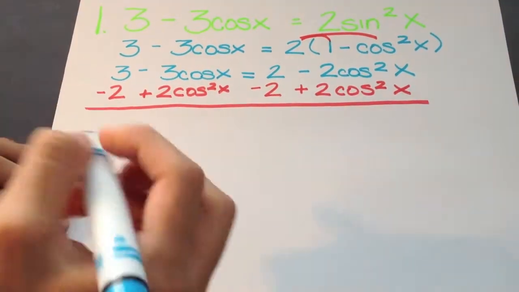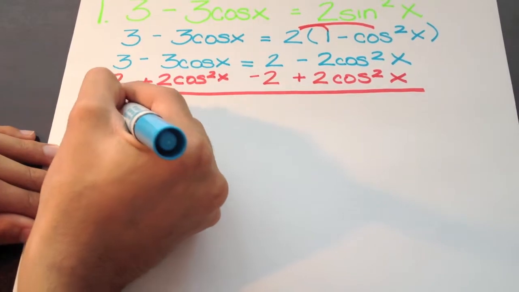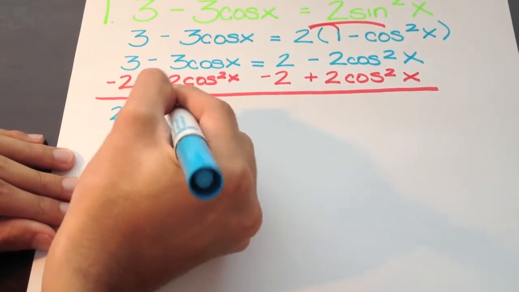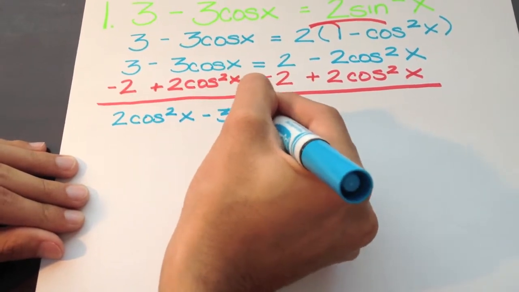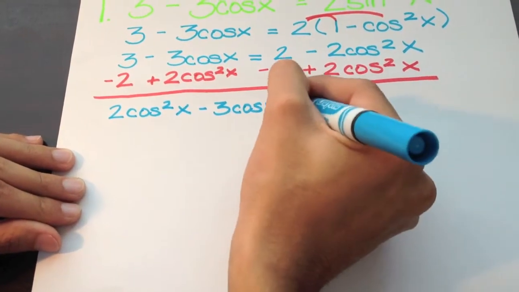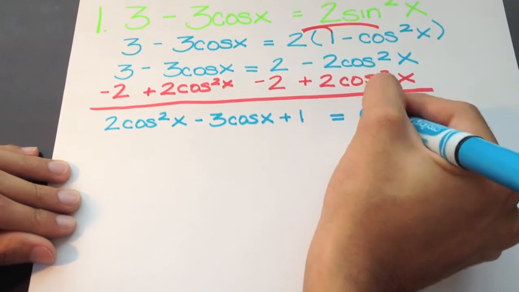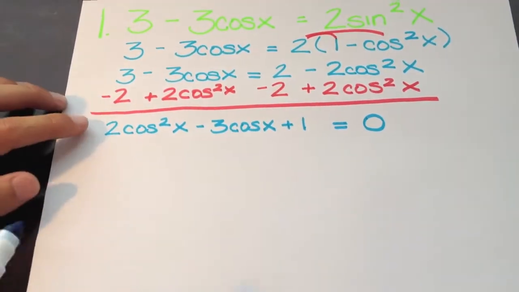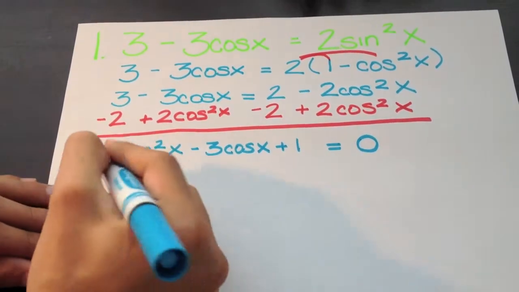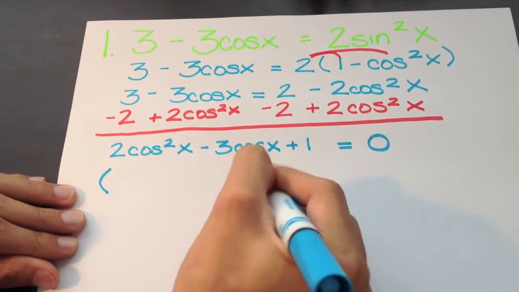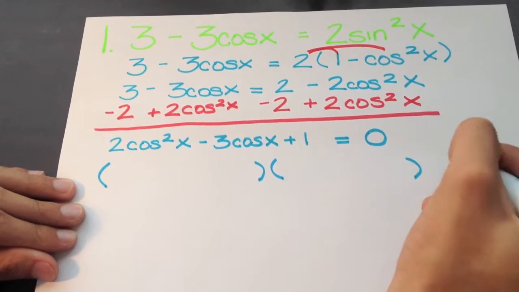That's going to give us 2 cos squared of x minus 3 cos of x plus 1 equals 0. Notice that we have a quadratic, so we can FOIL it out to find our answers. So we're going to FOIL the quadratic.